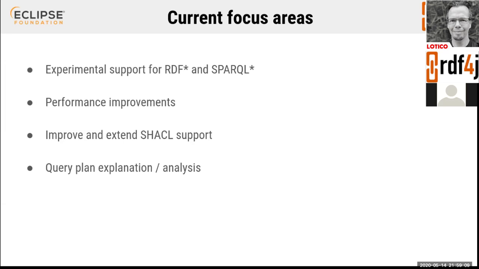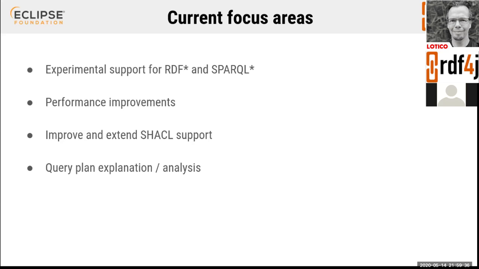Another big focus area at the moment is performance improvements, in particular on the native store and on communication with remote clients. We've made some big improvements already. Further improvements and extensions of SHACL support for different use cases is something that we are paying a lot of attention to.